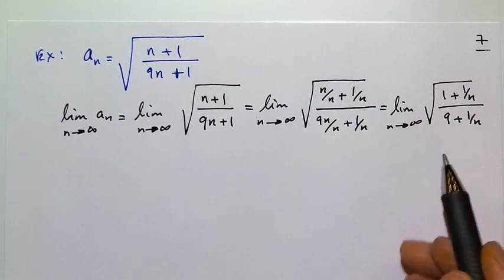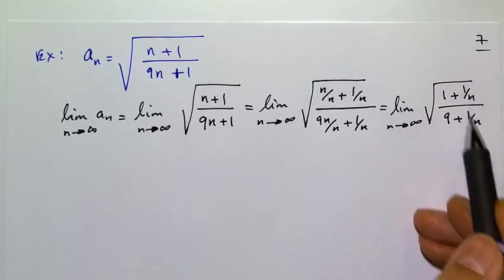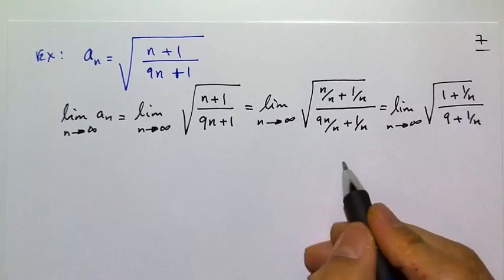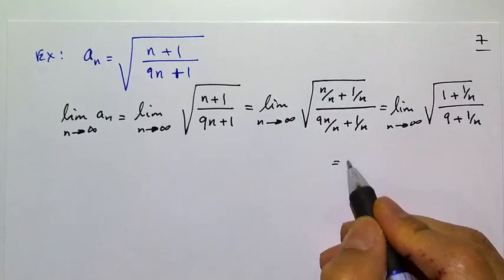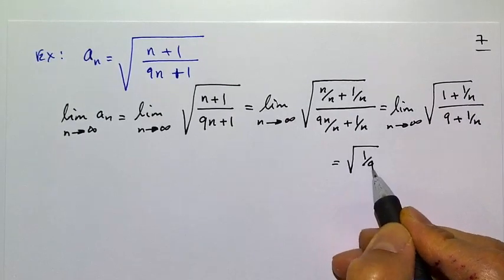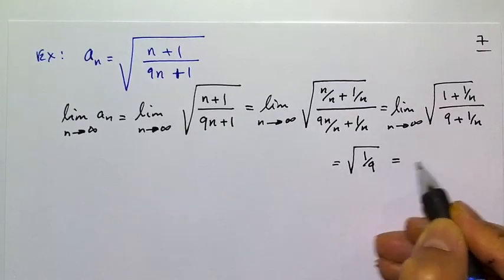So when we apply the limit, these two terms drop out as 0. So we will get square root of 1 over 9, or 1/3.